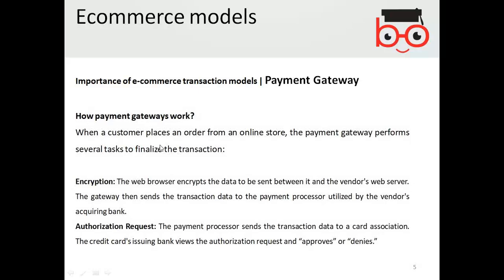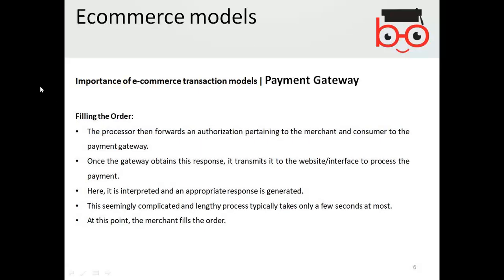How do payment gateways work? When a customer places an order from an online store, the payment gateway performs several tasks to finalize the transaction. Normally, they encrypt the request. Encryption is securing the transaction details, and then they authorize the request, that is, who is making the request, and then the order is processed after the payment has been successfully completed.